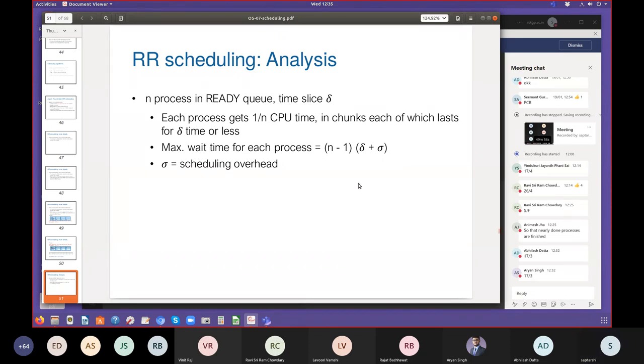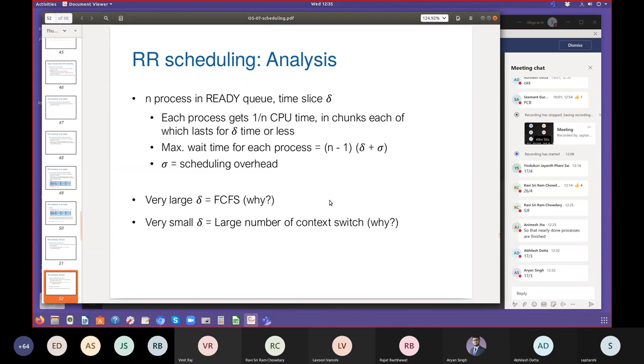I think this is pretty understandable. Now there are two claims here. If delta becomes very large, then this almost becomes FCFS.